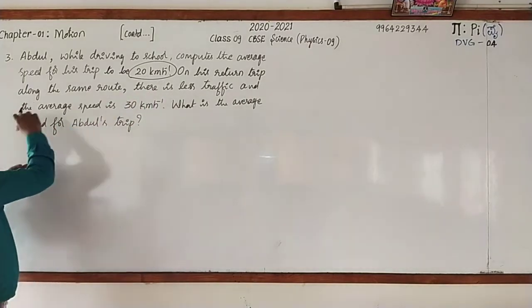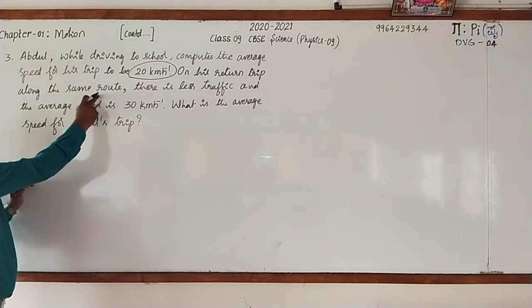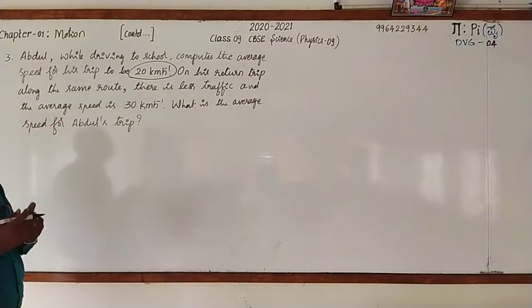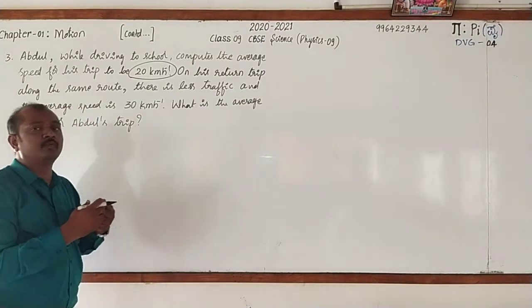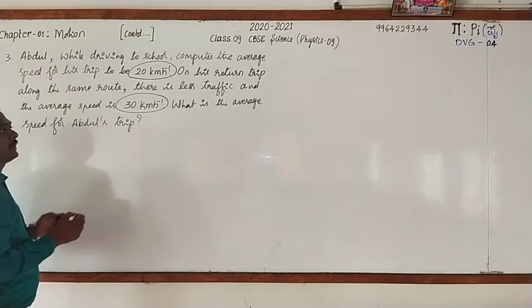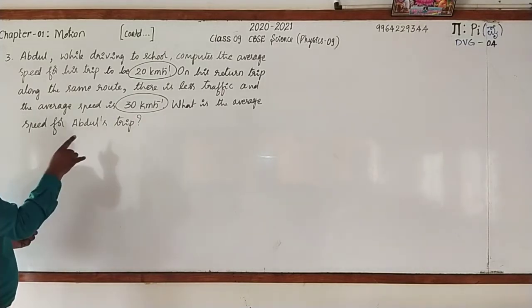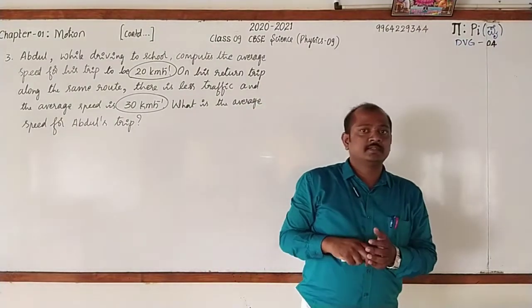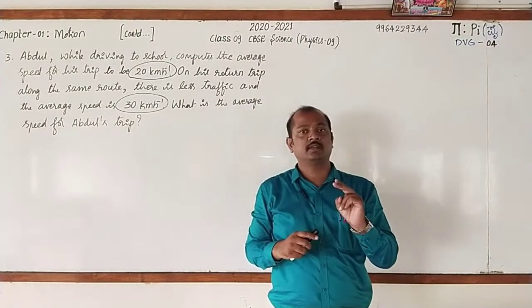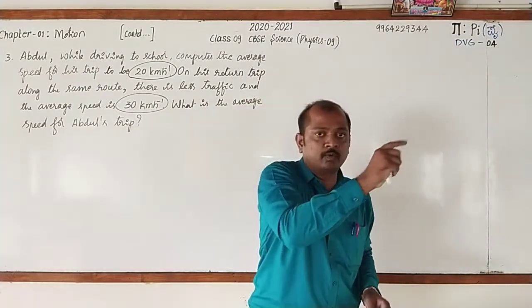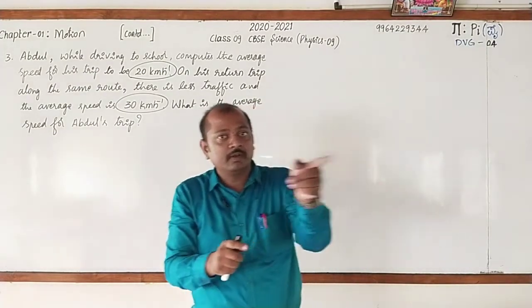On his return trip along the same route, there is less traffic. Obviously, when less traffic is there, vehicles will move faster. And the average speed is 30 km per hour. Then what is the average speed for Abdul's trip? See, here how many situations are there? 2 situations. What are those? One is forward trip and second one is return trip.